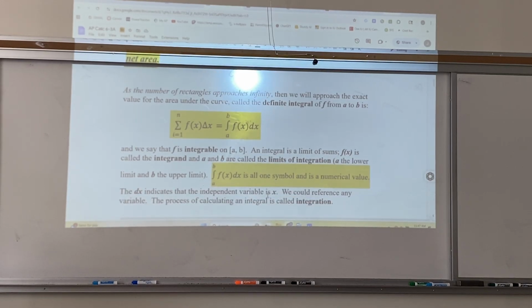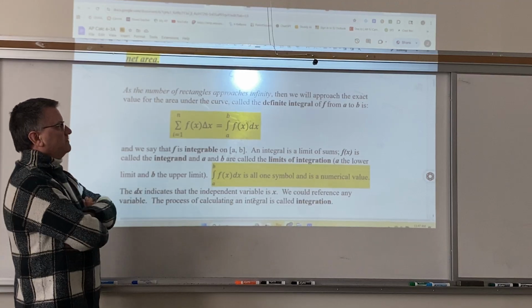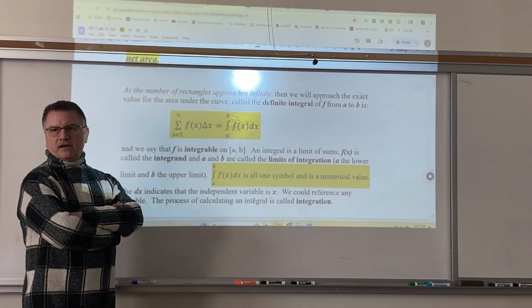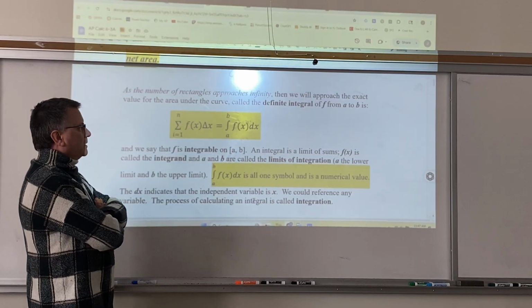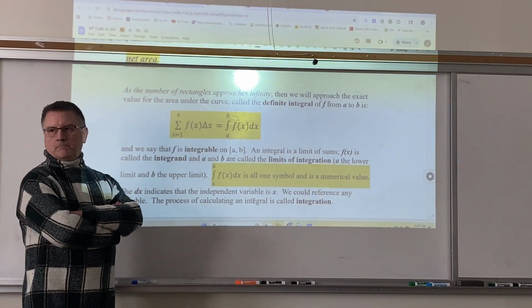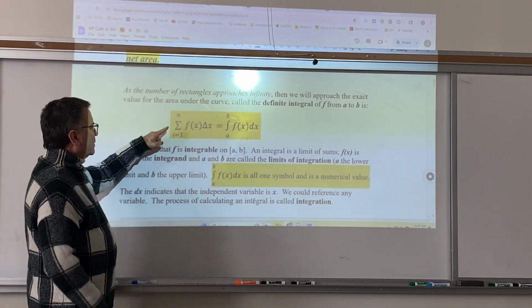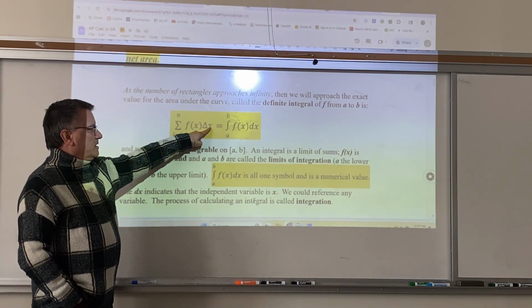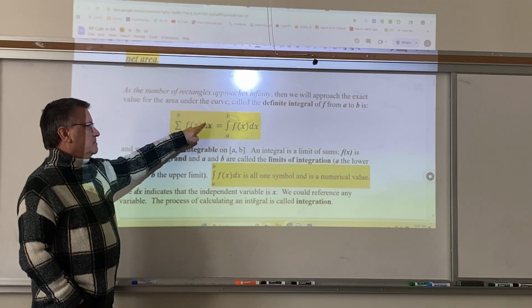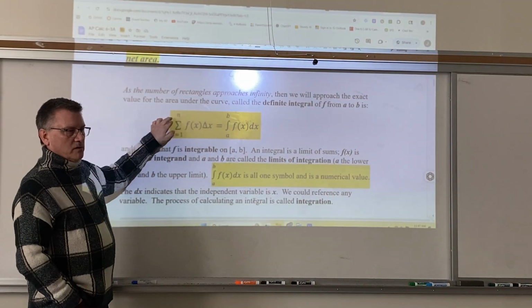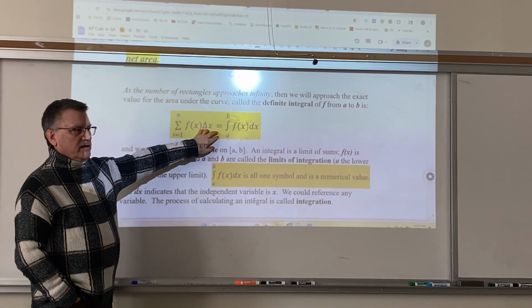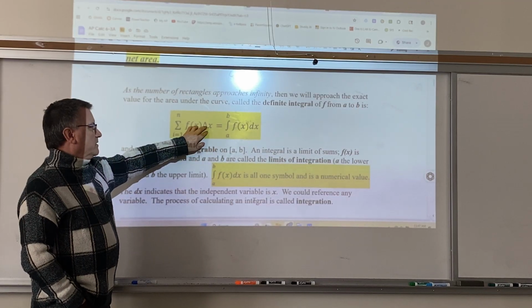Okay. As the number of rectangles gets bigger and bigger and hopefully approaches infinity, then we're going to get closer and closer to the exact value of the area under the curve. And this is called the definite integral. So, if we add up all of my rectangles, height times width plus height times width plus height times width, hopefully the width is the same, we can just pull that out. Height, height, height, height, height. Add all those together, and then at the end, multiply by the width.